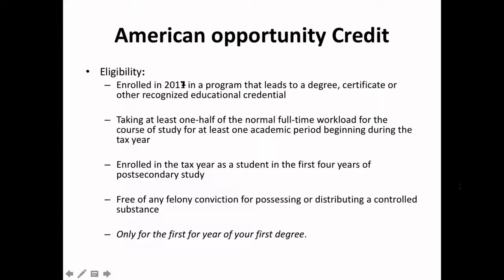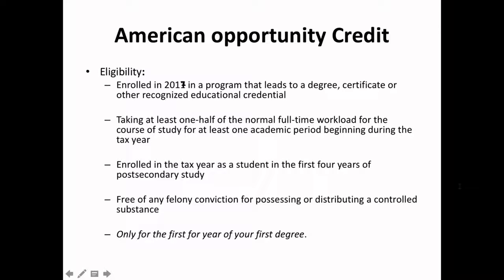1098-T. Remember that I mentioned those forms yesterday when we were talking about the earned income credit, and I said this person can continue to be your dependent, but the person has to prove that after 19, once they turn 19, they are students, and that they are enrolled in a university.